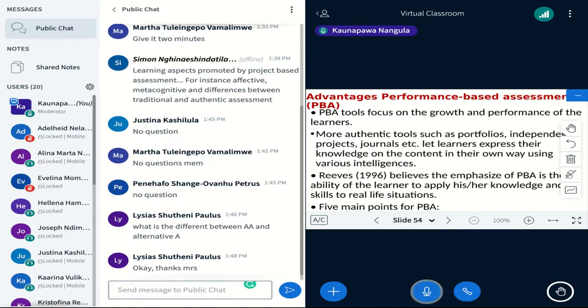But performance-based assessment caters for all different kinds of intelligence.